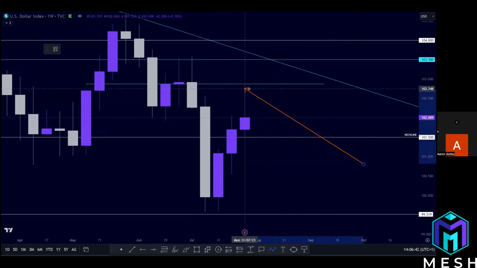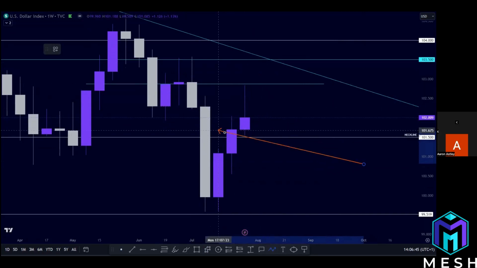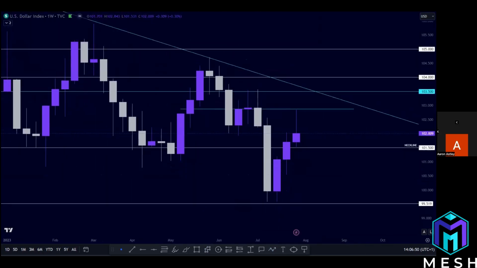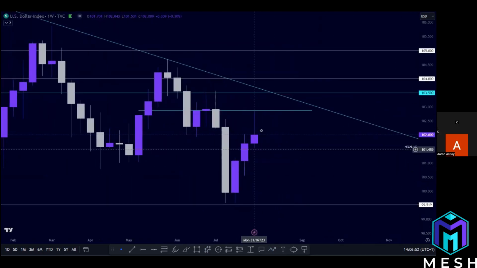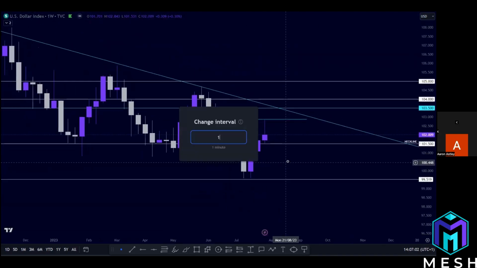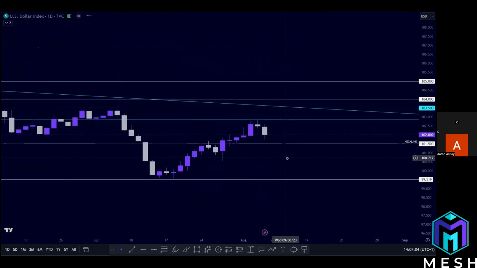So price came up, tapped this area, and then started to pull back and closed as that big wick to the upside. That suggests that the buyers weren't able to maintain that buying pressure all the way through, and we've had that closure, which looks like we tested that weekly structure and that area of resistance. So bearish on the weekly.